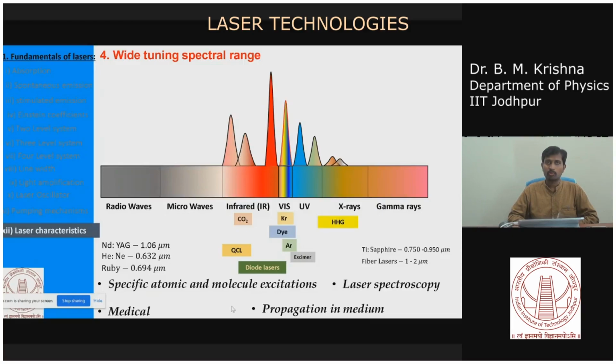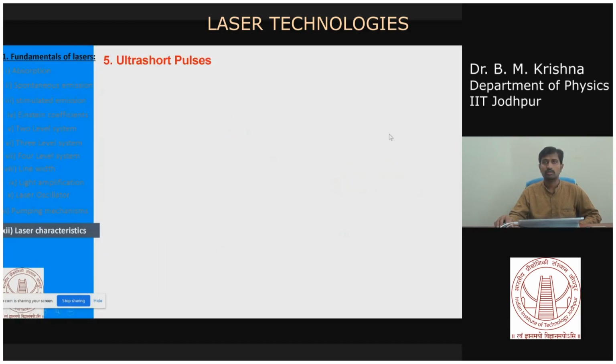So depending upon your application, you can choose a laser from this bin. Like you have a big bin, a basket of lasers you can choose from for your requirement. So now all the wavelengths are available for us to study whatever physical phenomena or applications you want.